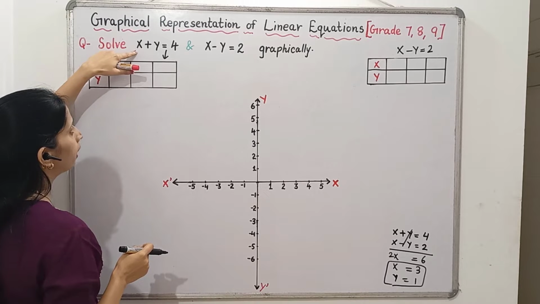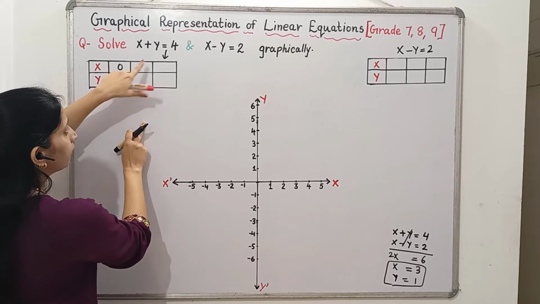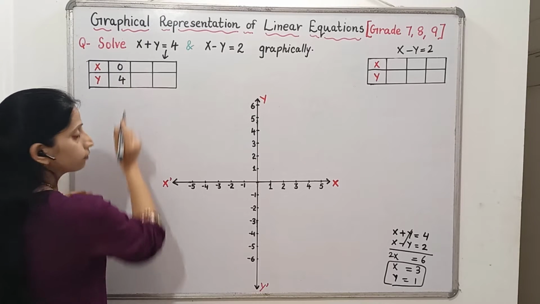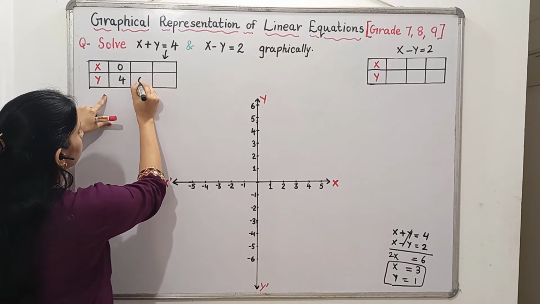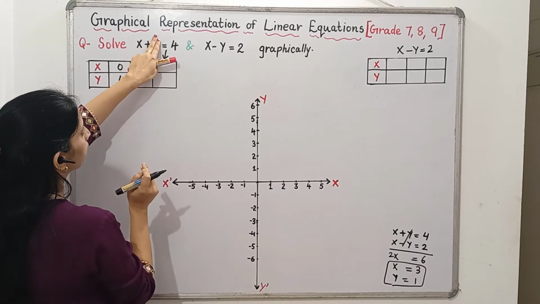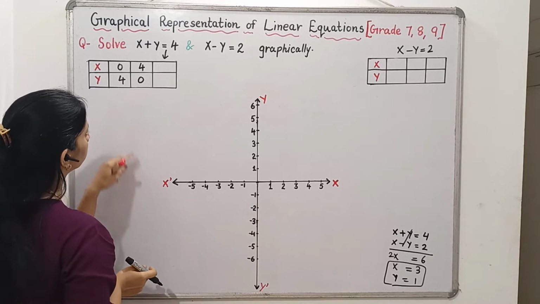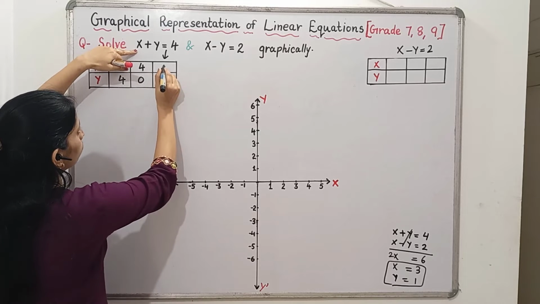Now x plus y is equal to 4. If I put the value of x as 0, then what will be the value of y? It will be 4. Now, if I put the value of y as 0, then what will x be? x will be equal to 4. Now we can keep any value. Let's take x is equal to 1.